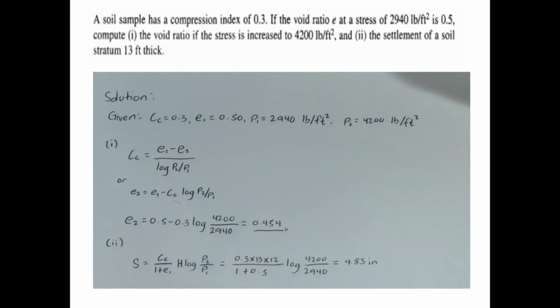So we have to use the formula of settlement equals C sub c over 1 plus e sub 1 times H times log P sub 2 over P sub 1. Then distribute the values: 0.3 times 13 times 12 over 1 plus 0.5 log 4,200 over 2,940. Then we have 4.83 inch for settlement.